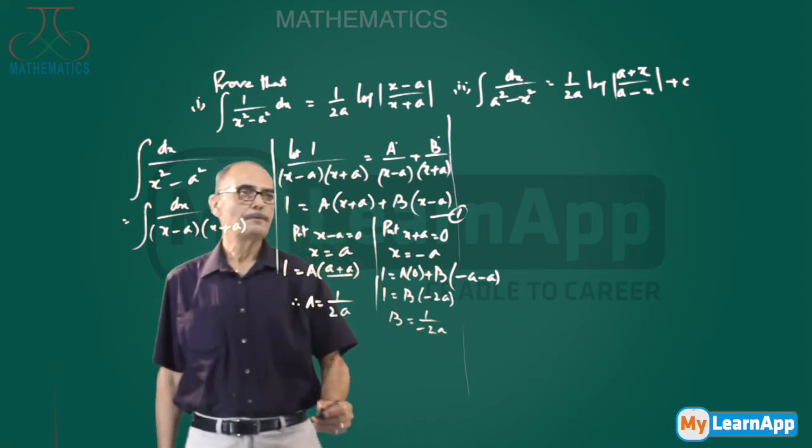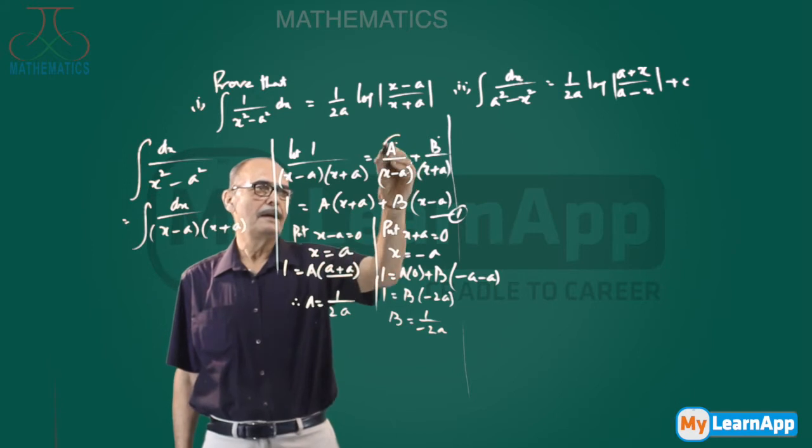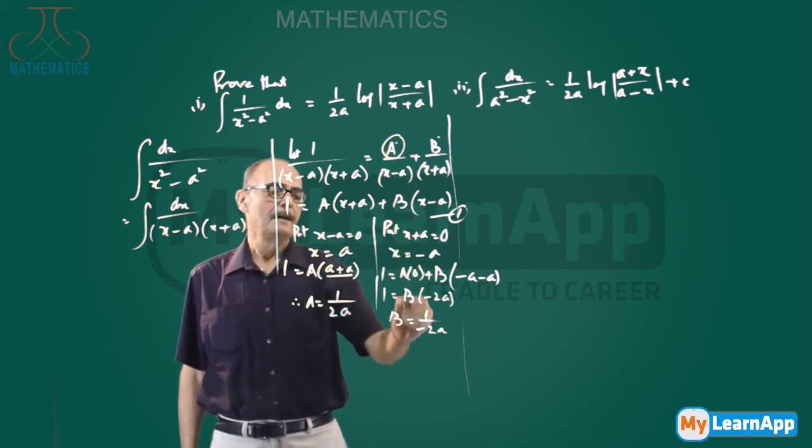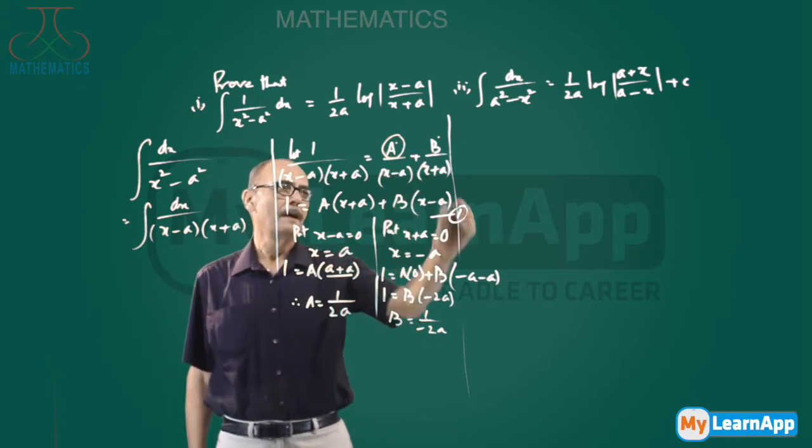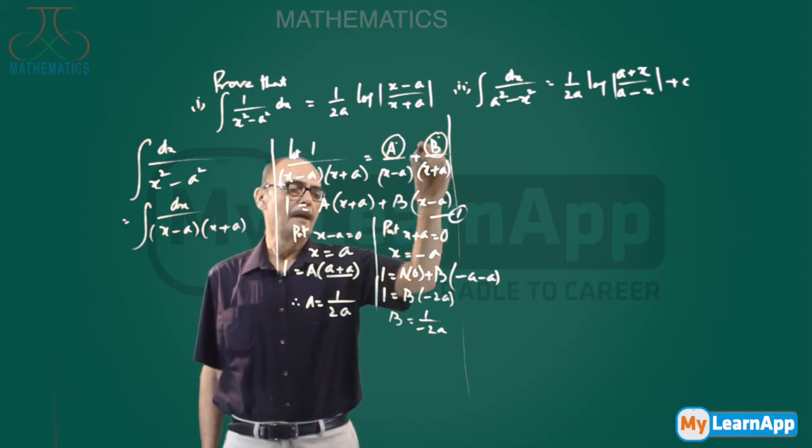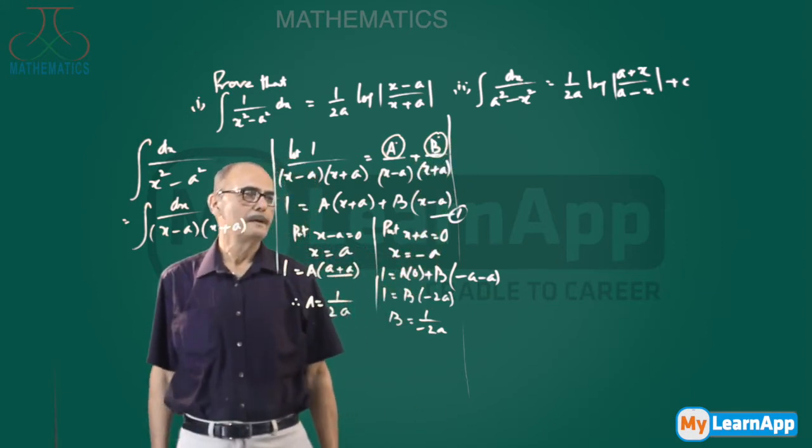Now we have to substitute the value of capital A as 1 by 2a, and capital B as minus 1 by 2a.